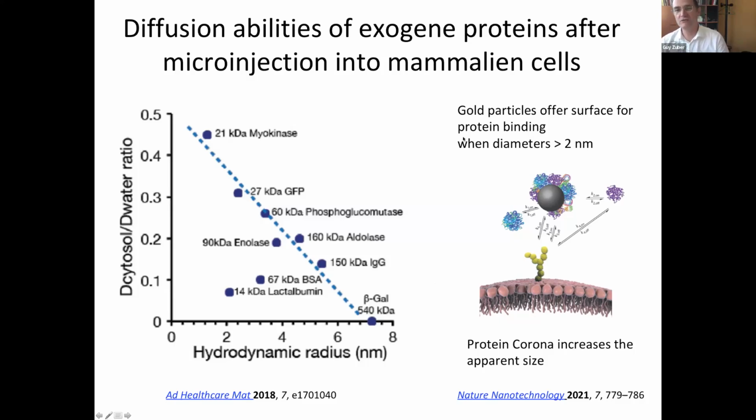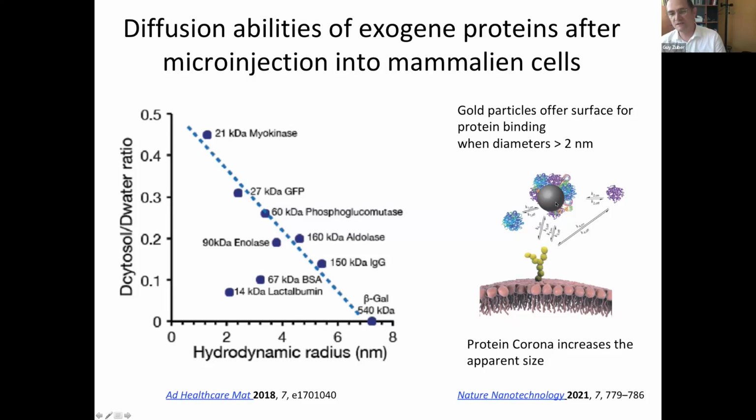In regard to gold particles, they should diffuse well, because usually particles around 2 nanometers diffuse well, up to 6 nanometers. But what is also known for gold particles is that when they have a diameter above 2 nanometers, proteins bind around the particles and you get a protein corona around them, which is more or less dynamic.